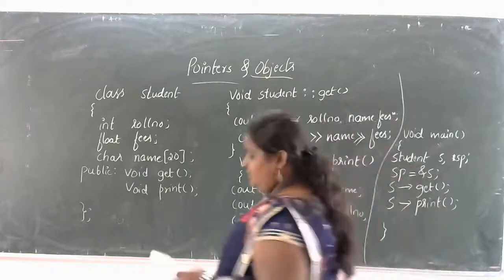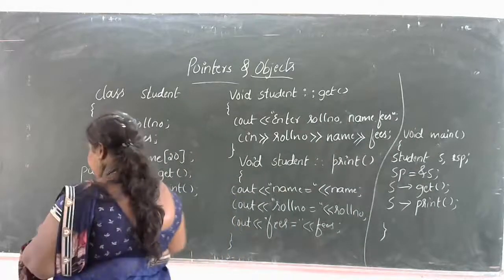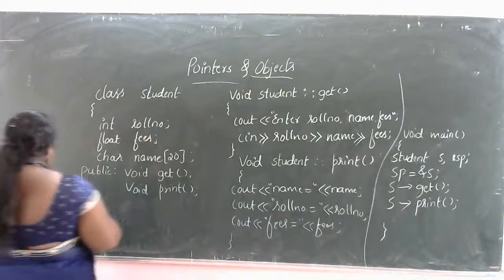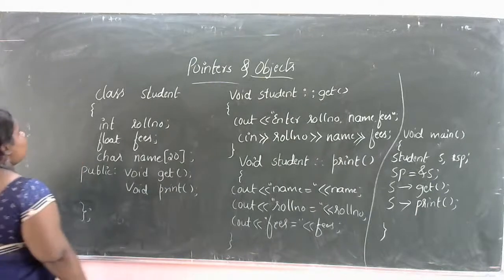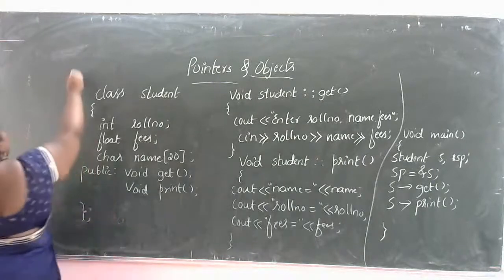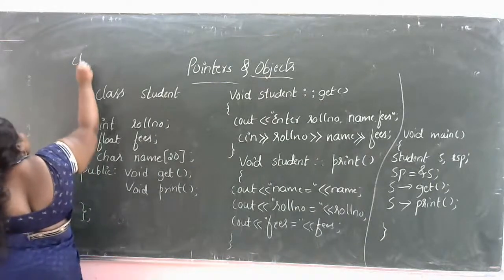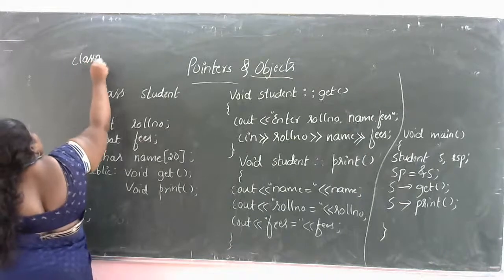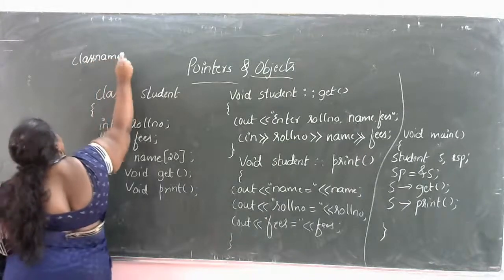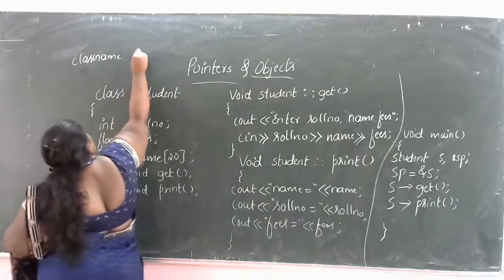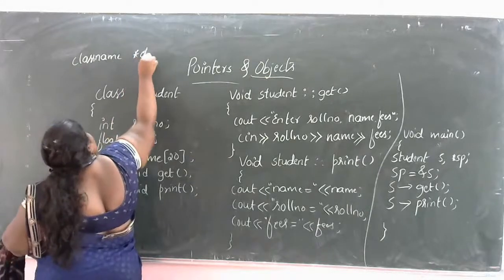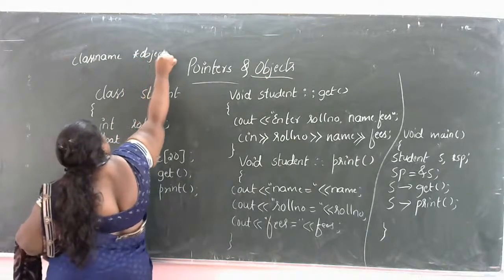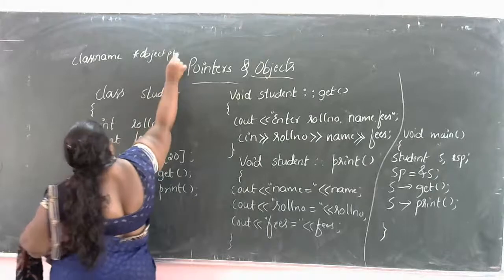We'll see how to declare an object pointer. The syntax is class name, star, object pointer.